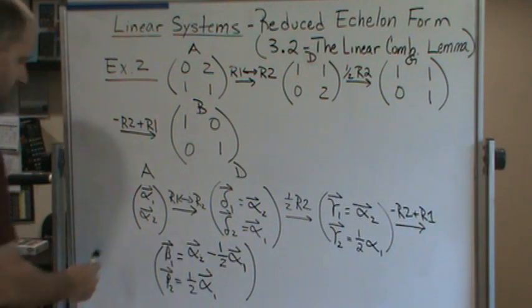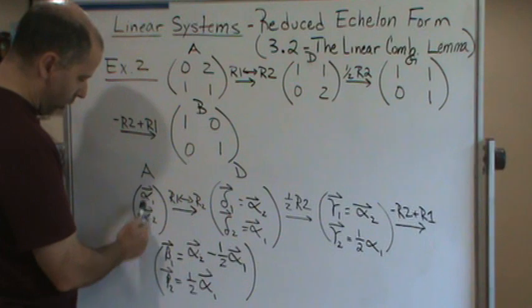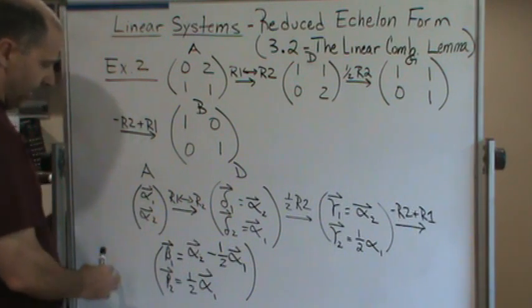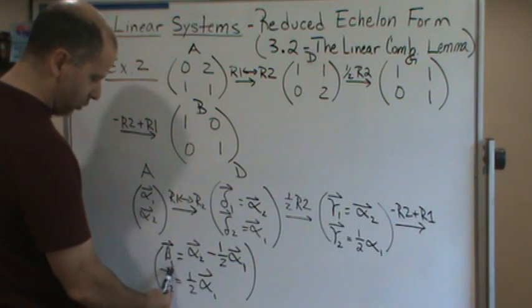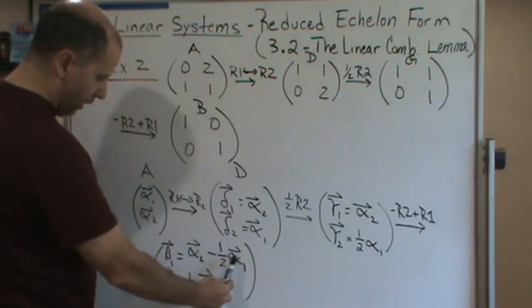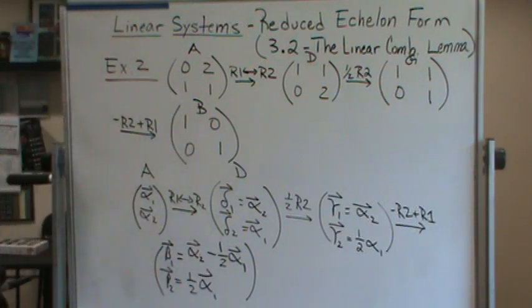Notice we started with these 2 row vectors, and through these elementary row operations, we found a suitable linear combination of these row vectors in order to get to our final reduced echelon form. That's going to be important to remember. That's a key aspect. Talk to you later.